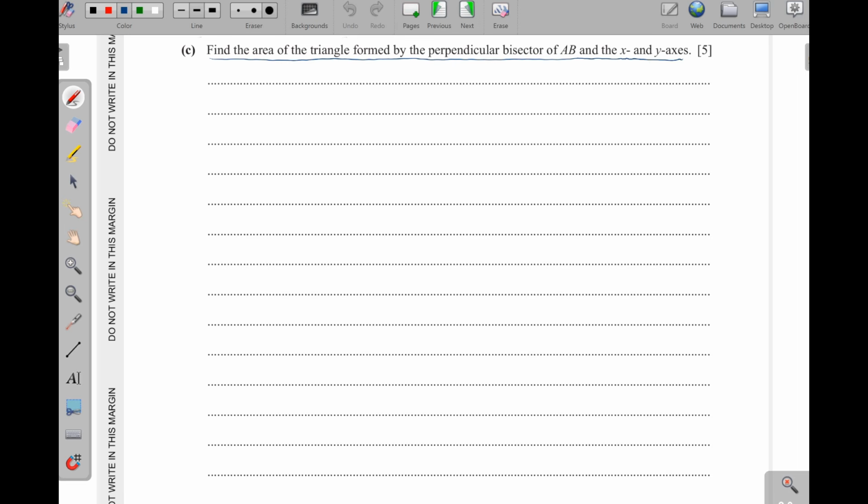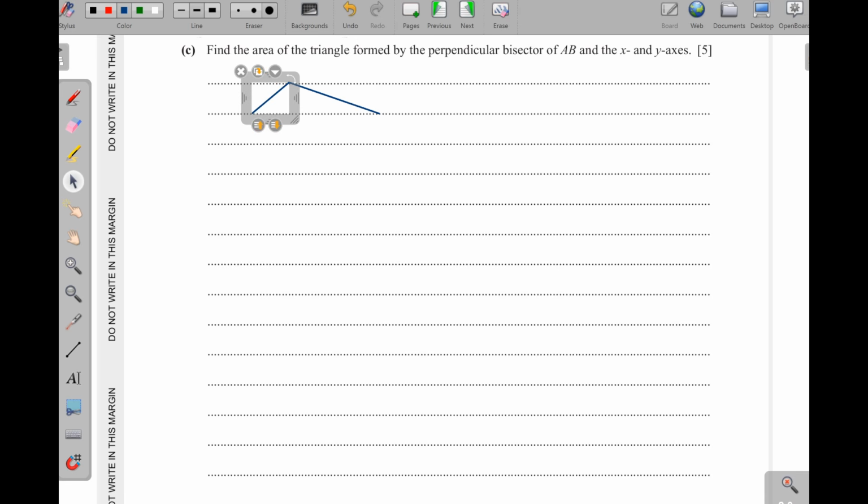the x-axis and y-axis. Okay, now our sketch here, remember I had, let me put it here, maybe like that, and then we also have this other one here, like that.